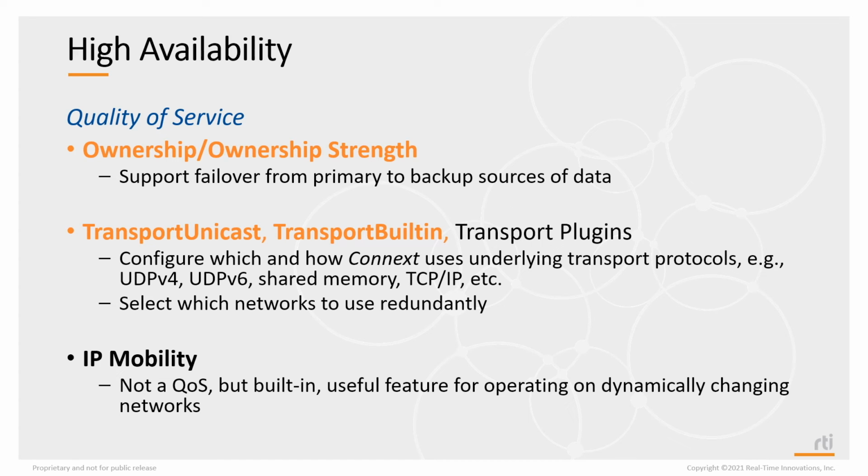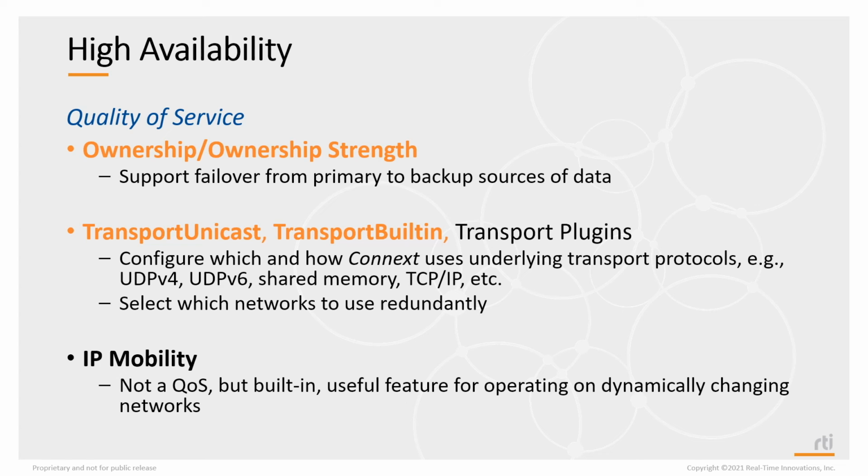Finally, we have a feature that is not a QoS by itself, although there are some QoS policies that help you configure it. It's a built-in feature of DDS that was introduced in Connext DDS 5.3, called IP mobility, and it's very useful when you have dynamically changing network interfaces.